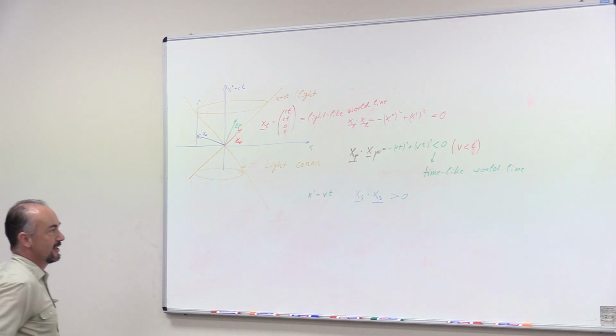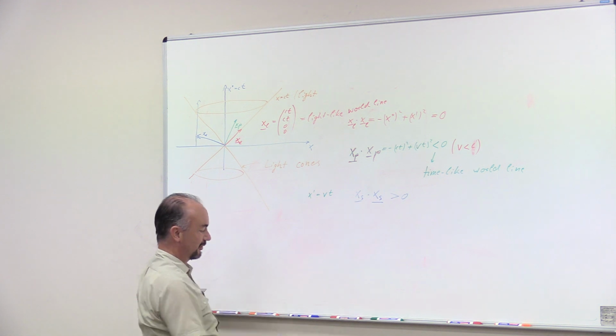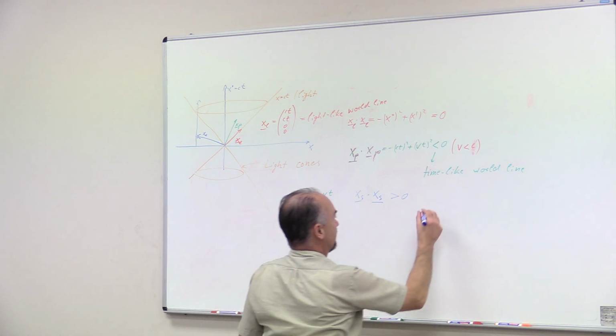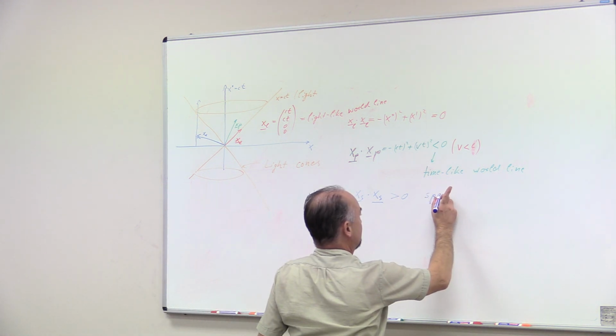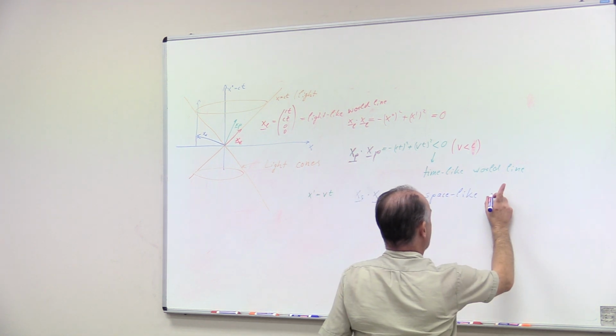That's what this means. So that's why a separation that has a four-vector dot product larger than 0 is called space-like, a space-like separation.